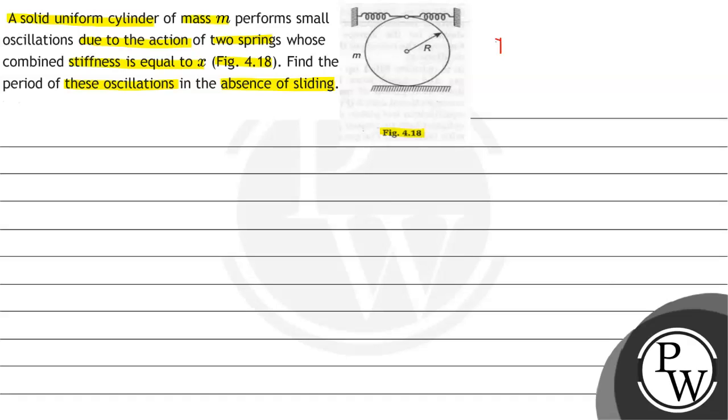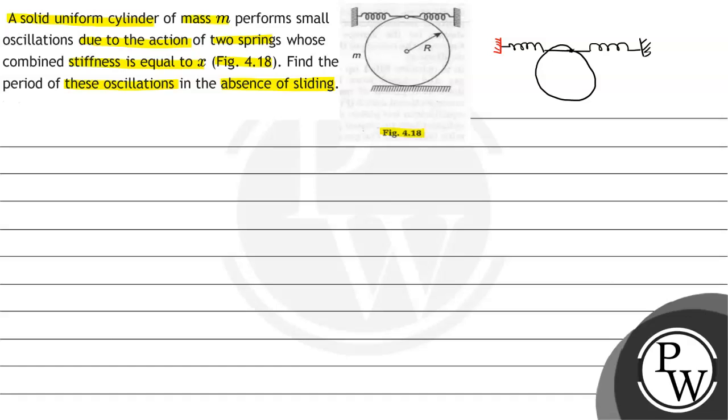To understand it well, we have to make a diagram. So we have two springs attached here like this, and let's suppose the cylinder has rotated with an angle theta.